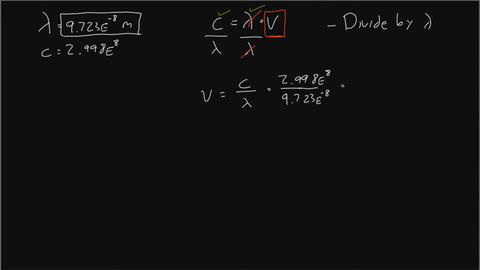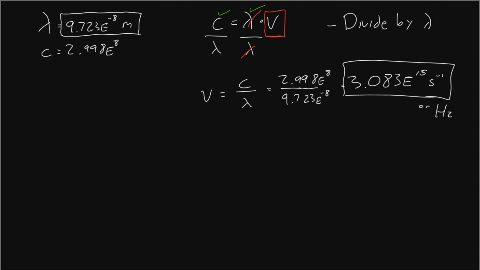Now all we need to do is input this in a calculator. Our answer is 3.083 times 10 to the 15th power. Our unit for frequency is always inverse seconds, or you can also say hertz. So when an electron transitions between levels, this is how we find the wavelength and frequency of the photon that gets emitted.